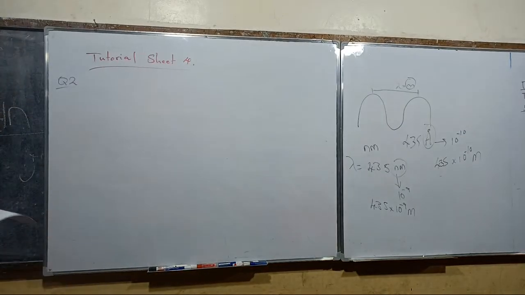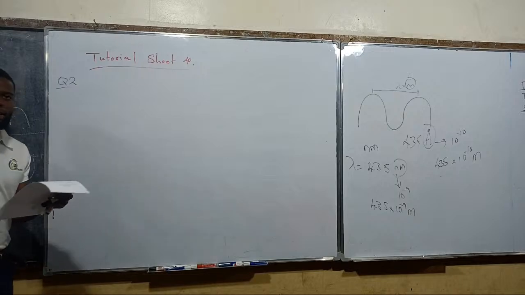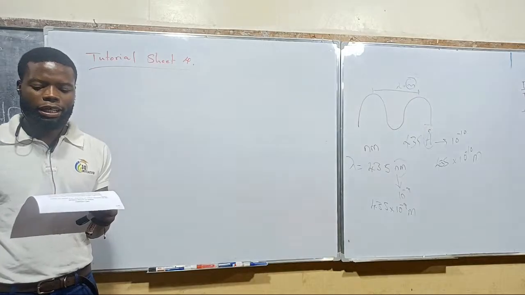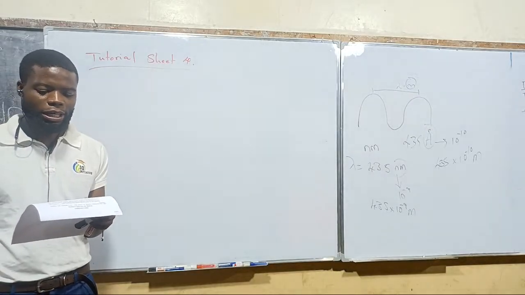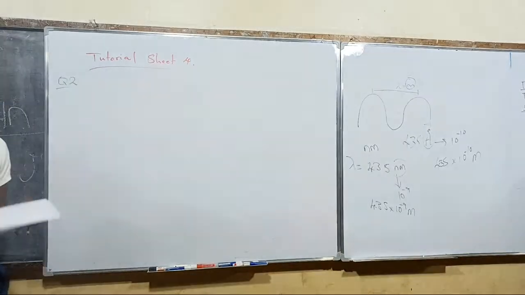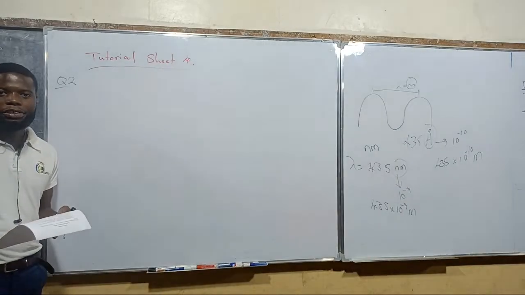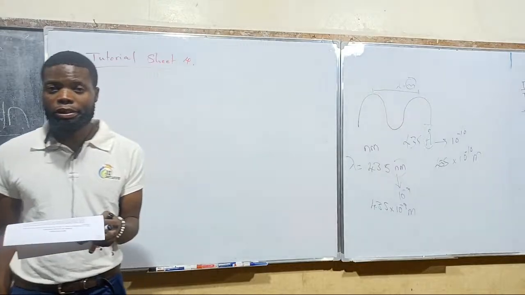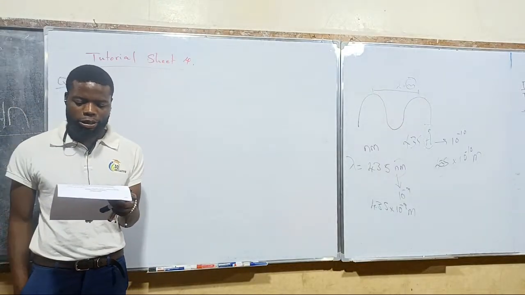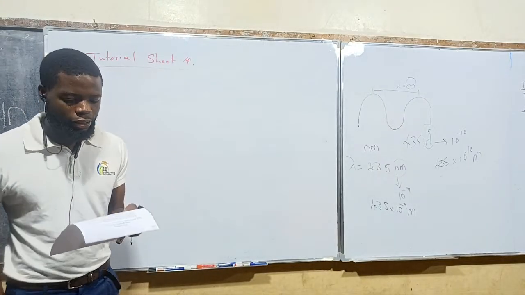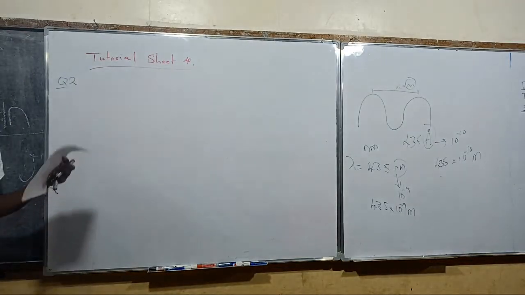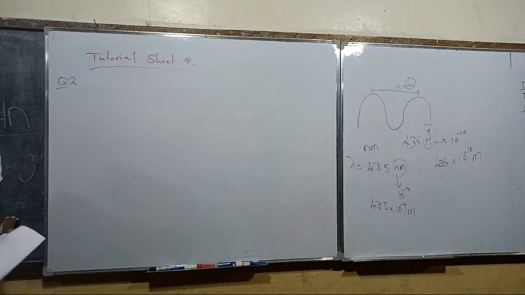So the question is saying, calculate the wavelength of light emitted when each of the following transitions occur in the hydrogen atom. The Bohr model is sometimes referred to as the quantum mechanical model for the hydrogen atom.